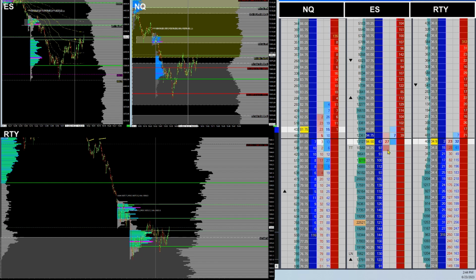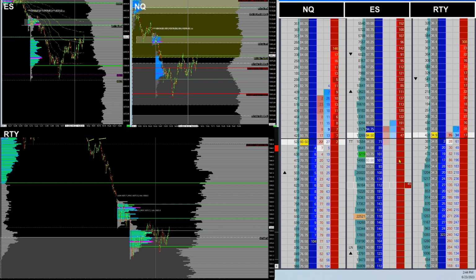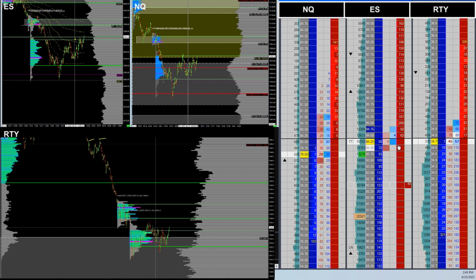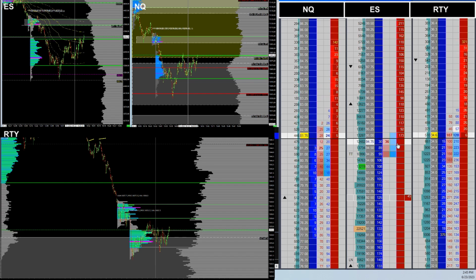Gonna chase it by just that much. Small lot. Count.